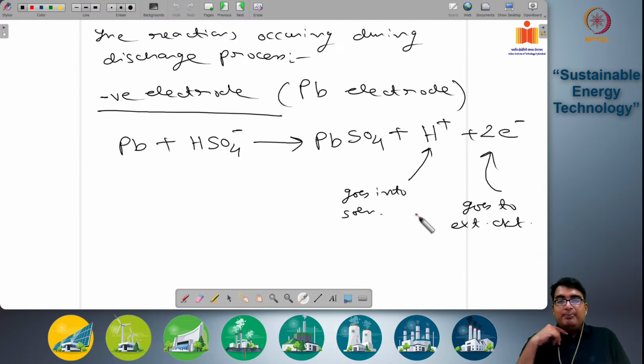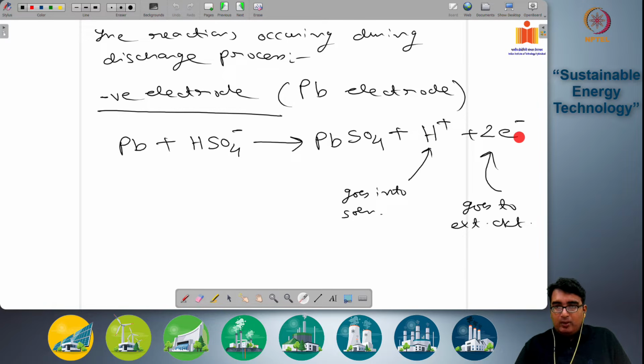So the reactions that typically occur during the discharge process, remember in the recharging process the opposite reaction will occur in each of the electrodes. On the negative electrode side, remember that the negative electrode is the donor of electrons to the external circuit during the discharging process. So here we are getting the dissociation reactions. Lead and HSO4- ions that are coming from the electrolyte come together to form lead sulfate, H+ and 2e-.